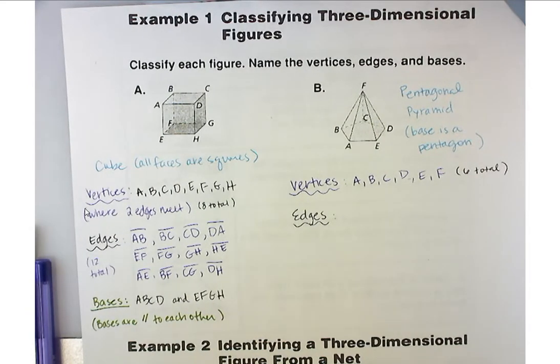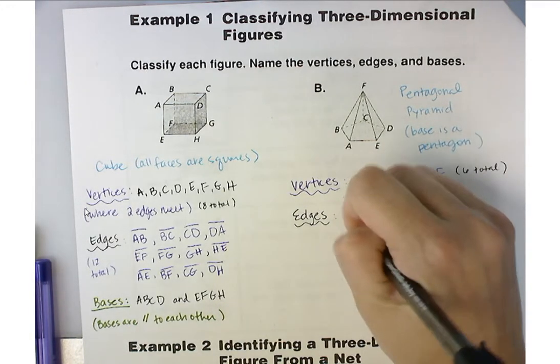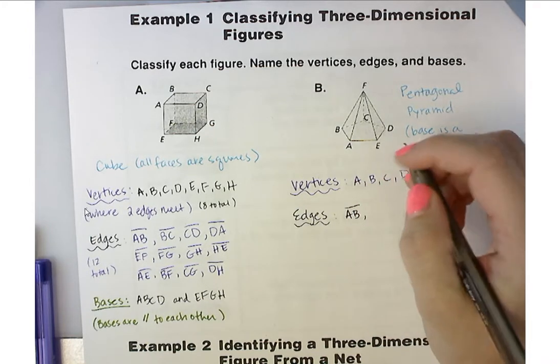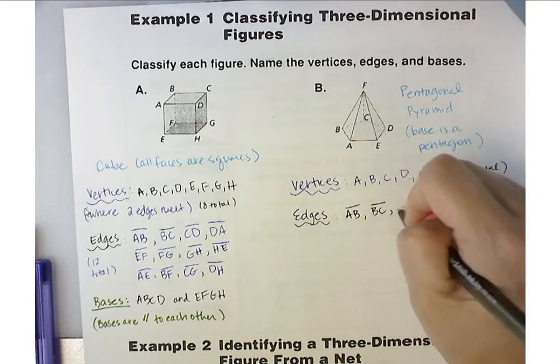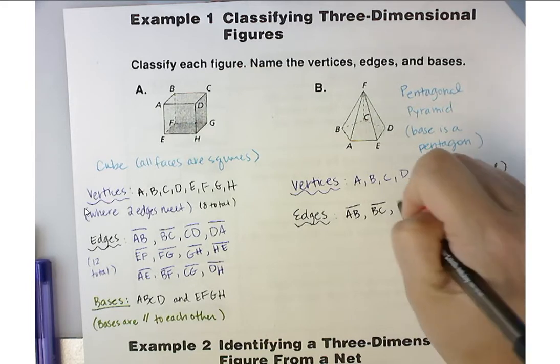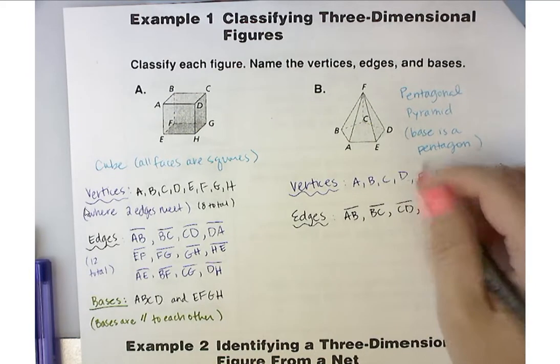Okay, and then my edges, I like to start with AB. And then Logan, what's my next one? Yep. And then Caitlin after BC would be? Yep. And then Sierra after CD?